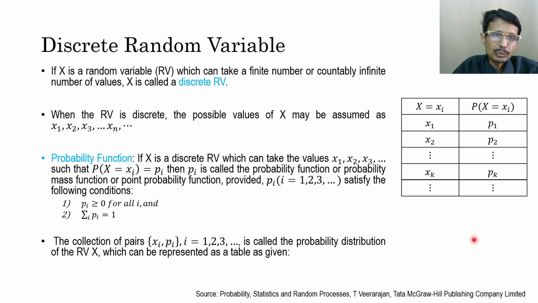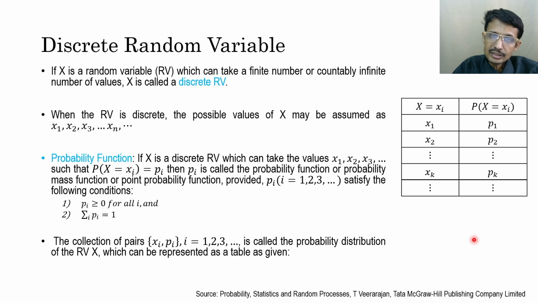Now, start with the discrete random variable. If x is a random variable which can take a finite number or countably infinite number of values, x is called a discrete random variable. When a random variable is discrete, the possible values x can assume are x1, x2 up to xn. Here in this table we can see the probability function for this discrete random variable.